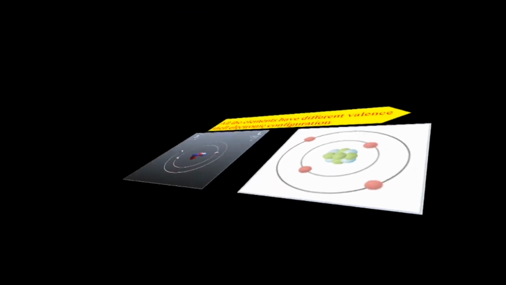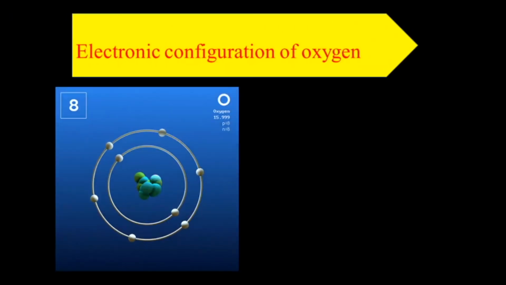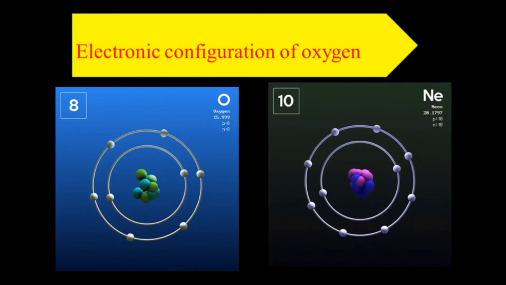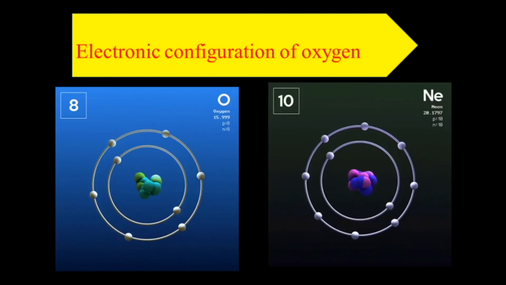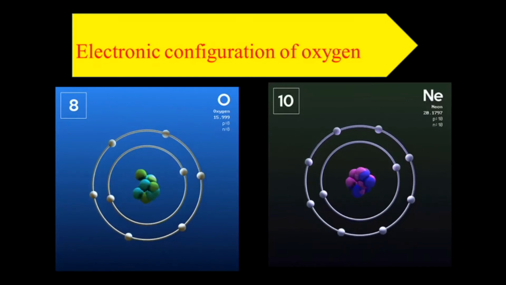Oxygen has 8 electrons, 2 in the innermost shell and 6 in the outermost shell. Each element has a different valence electronic configuration, and they combine to form molecules to attain the stable electronic configuration of inert gases. That is why elements undergo chemical reactions.